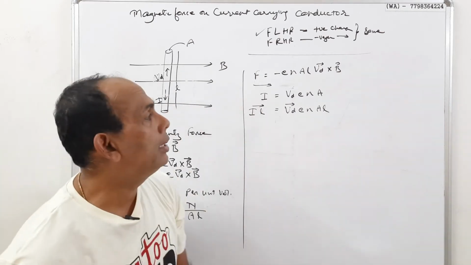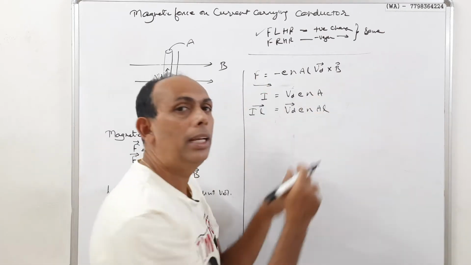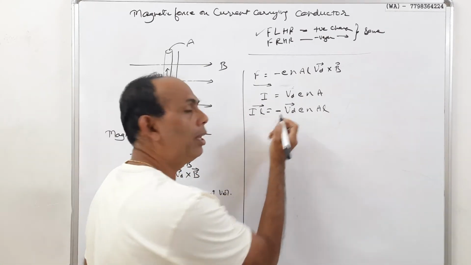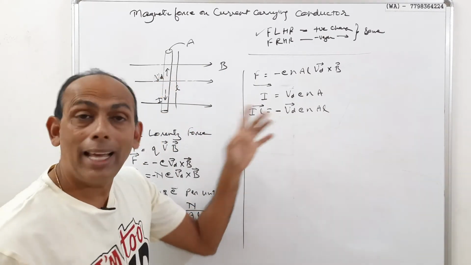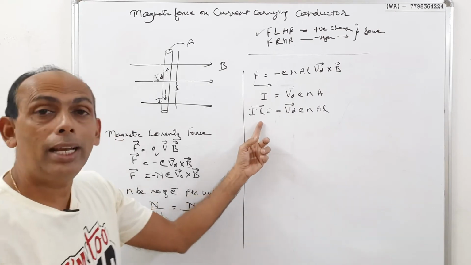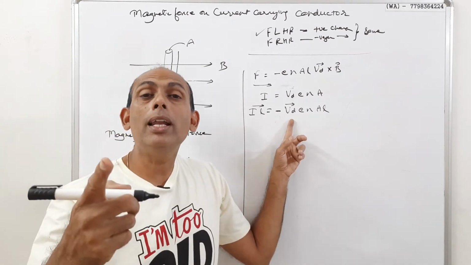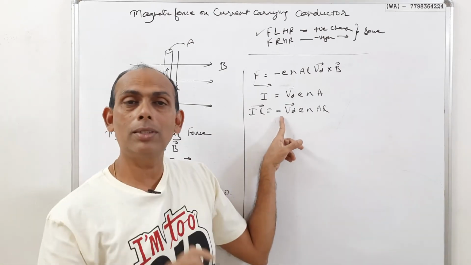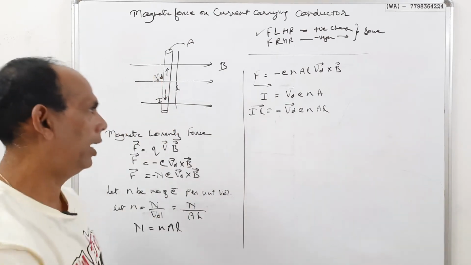And another main thing, when we made this a vector, there is going to be some difference. In fact, it has to be negative. Why? Because the direction is important. Current direction and drift velocity direction, they are opposite. We are seeing here. So therefore, negative sign. Clear with this? Okay. Next.